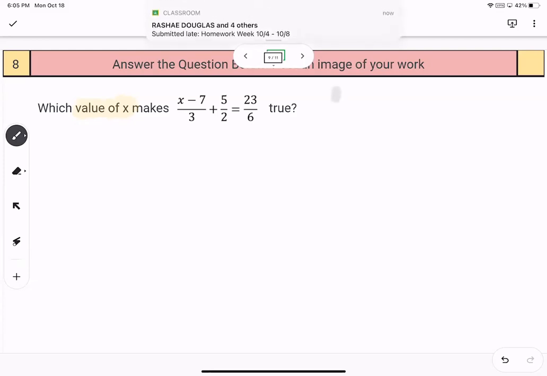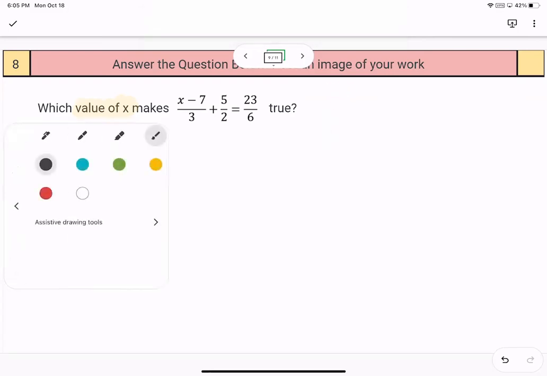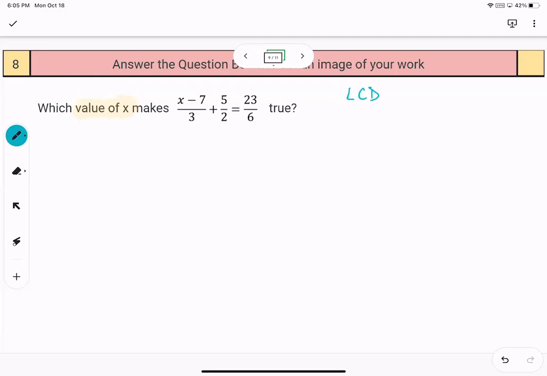So the first thing we're going to do is look for the least common denominator, the LCD. Or you can call it the LCM, the least common multiple. The denominators we have are 3, 2, and 6.